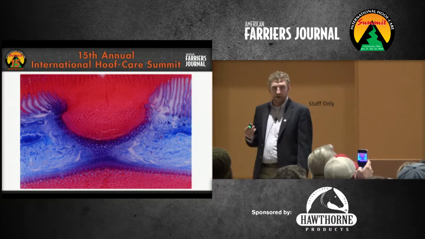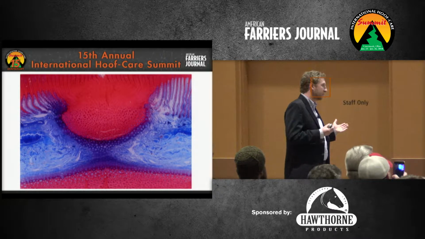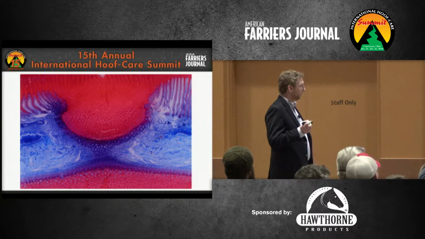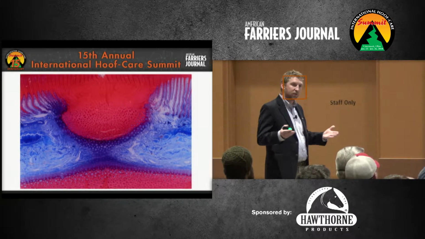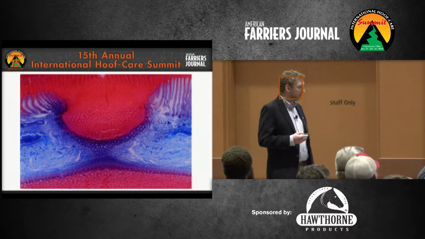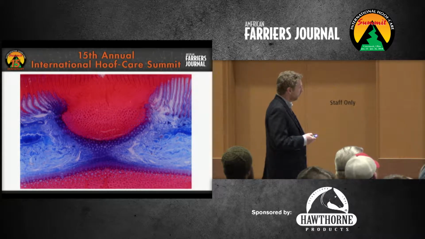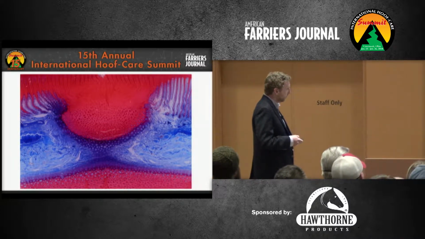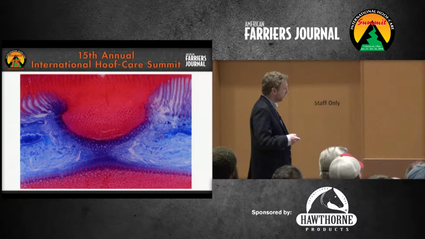Hopefully everybody can look at that very quickly and see the marked defect, or the marked change, compared to the other slide. To orient yourself, hoof wall would be up here. This is the lamellar interface. That's bone. Here's the crina. Then you've got dermis again, and then sole. This whole area is abnormal.